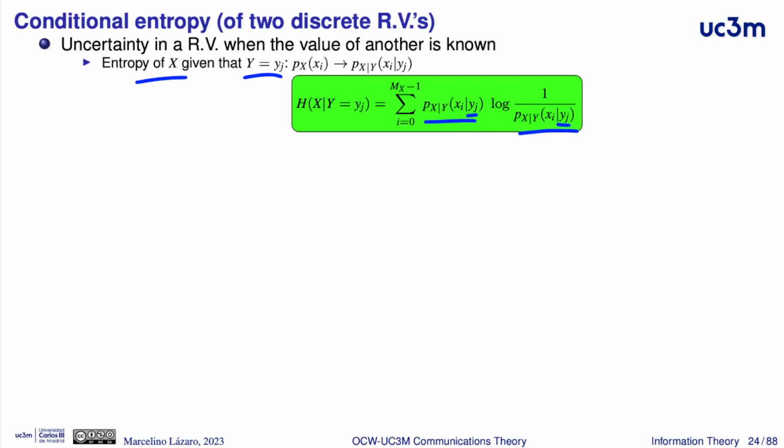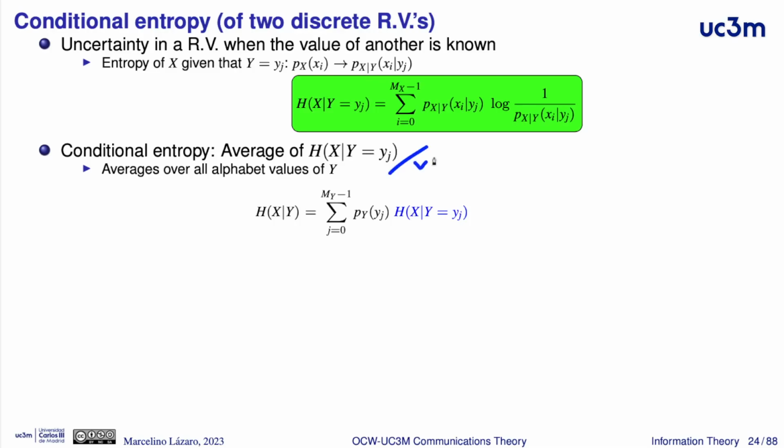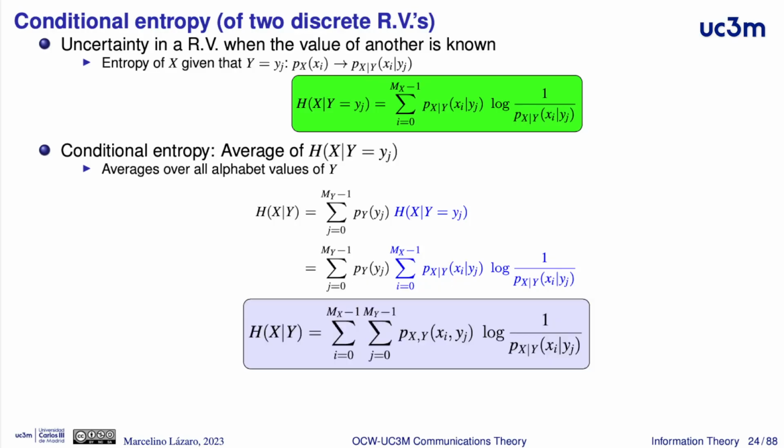And the definition of the conditional entropy is just equal to the average of this conditional entropy of x given y equal to yj for every element in the alphabet of y, for every possible yj. In this case, we have the average for every value of y of the conditional entropy of x given this value of y, and if we replace this expression here, it's straightforward to see that the product between the probability of y and the conditional probability of x given y is equal to the joint probability between x and y.